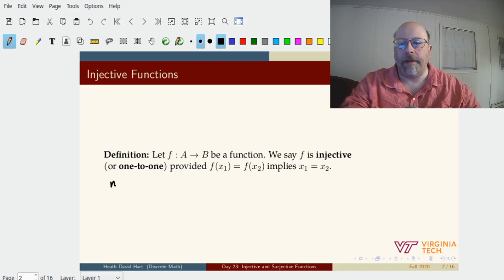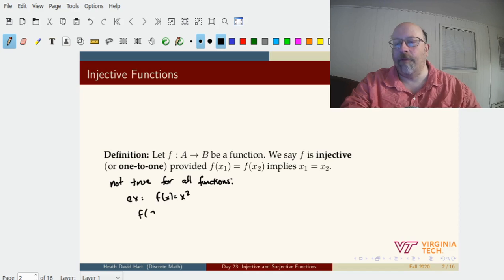For example, if my function is f of x equals x squared, then f of 3 is equal to f of negative 3, because this side is 9 and this side is 9, but I can't cancel the f's.